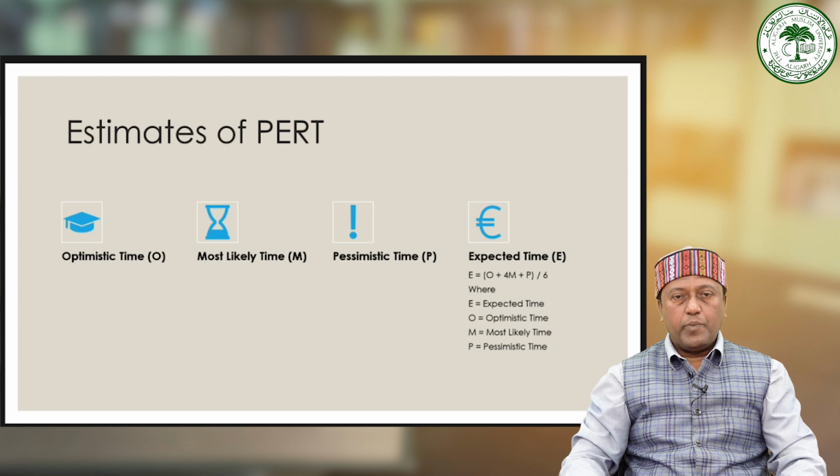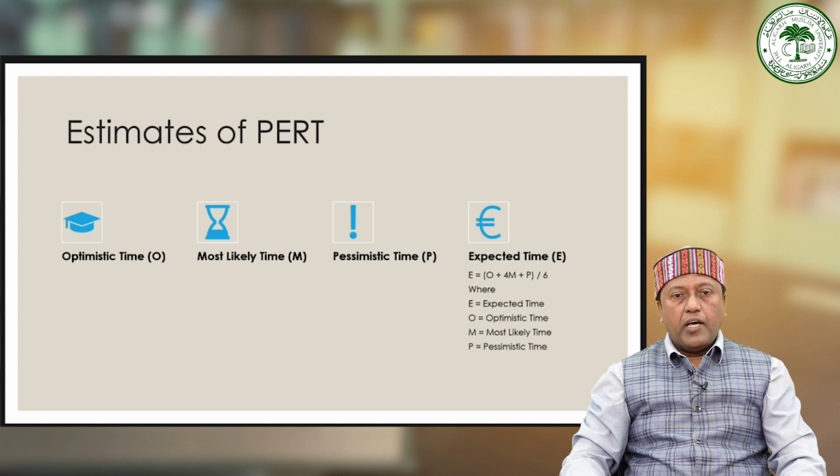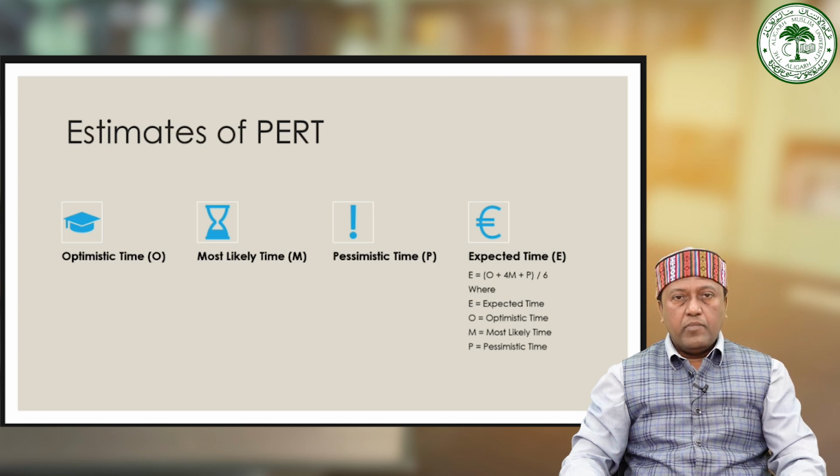And last, you can see the expected time, represented as E. This is a weighted average estimate of the time required to complete a task, taking into account both the optimistic and pessimistic scenarios, and is calculated using the formula E, the expected time, is equal to O, the optimistic time, plus 4M, 4 multiplied by the most likely time, plus P, the pessimistic time, divided by 6.